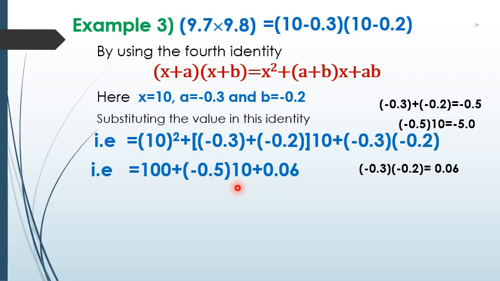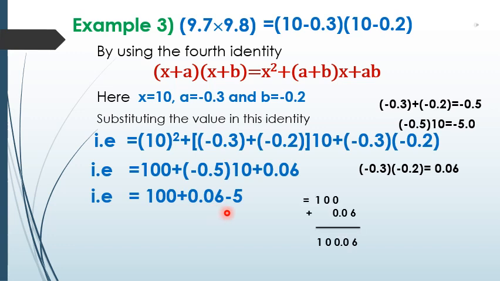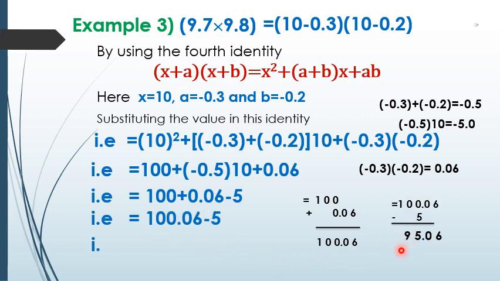Therefore, 100 minus 5 plus 0.06. 100 plus 0.06 is 100.06. That is equal to 100.06 minus 5, which is equal to 95.06. This is the final answer.